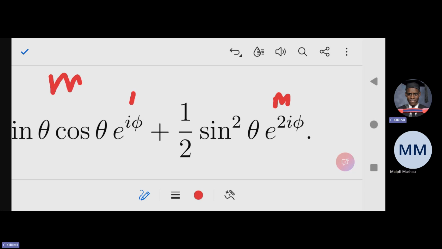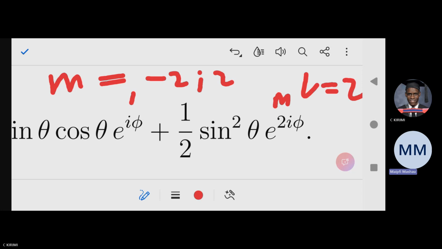You check the E, the exponent i, it tells you that the range of the M is minus 2 up to 2. So if you are ranging from minus 2 up to 2, which means your L becomes what? Your L becomes automatically 2. Oh, because M ranges from negative L to positive L.